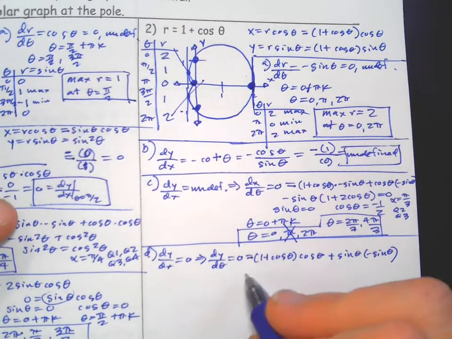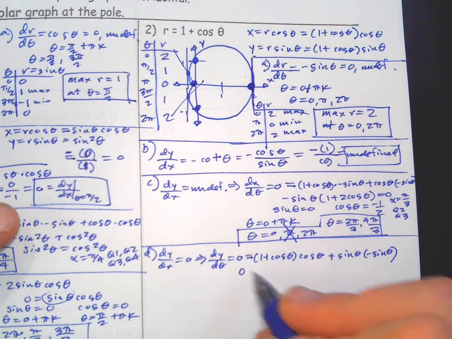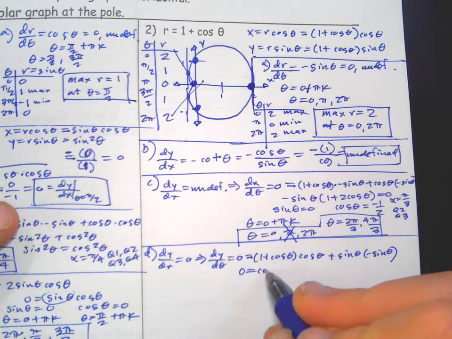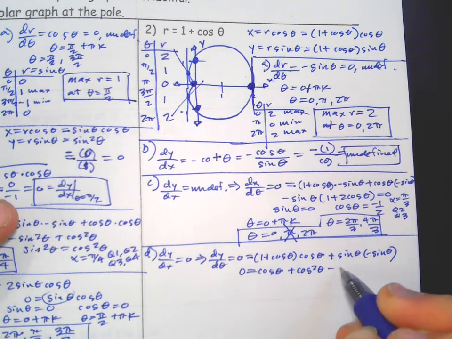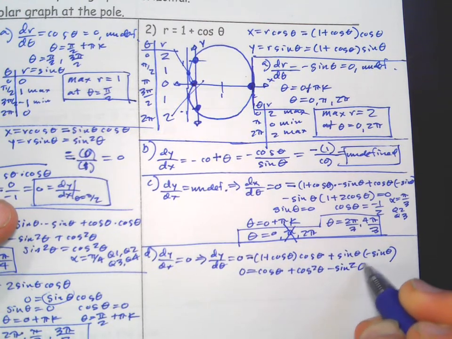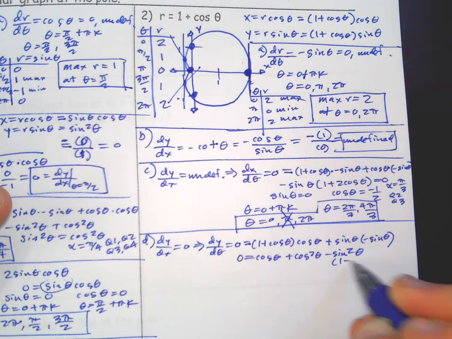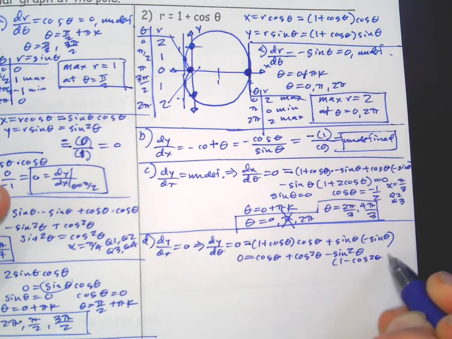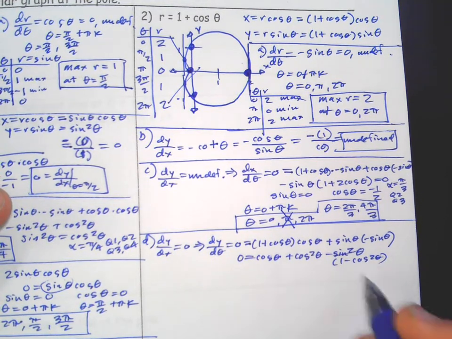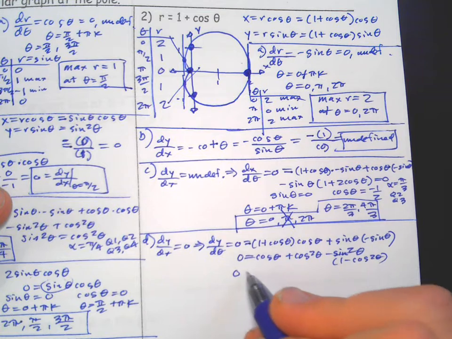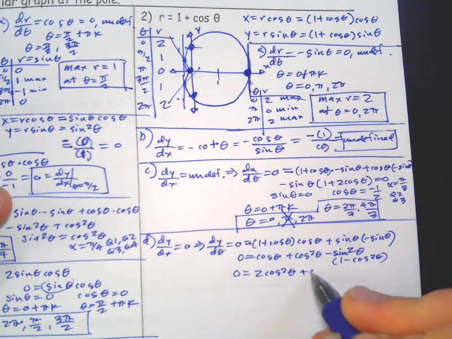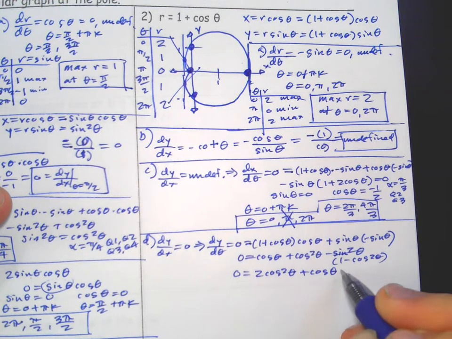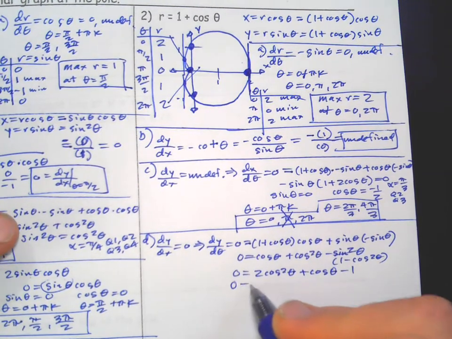And so that's going to be cosine theta plus cosine squared theta minus sine squared theta. Using the Pythagorean identity, we could replace sine squared with 1 minus cosine squared theta. Distribute the negative, so we get 0 equals 2 cosine squared theta plus cosine theta minus 1. And we factor it.